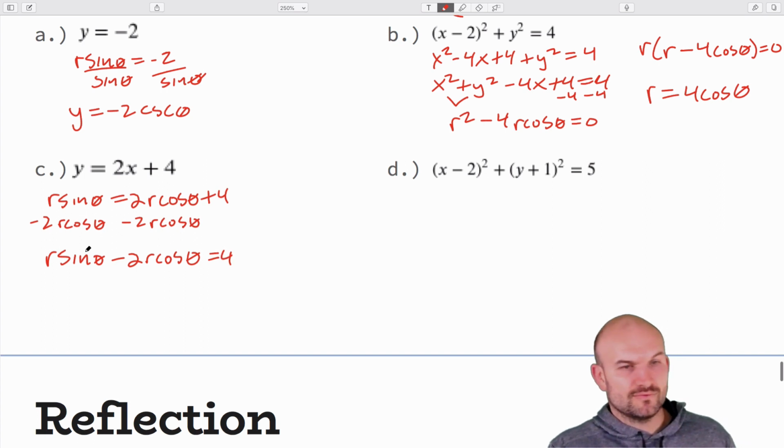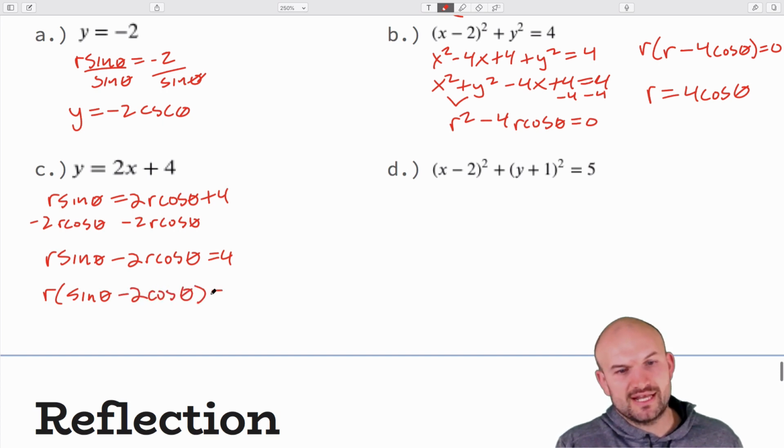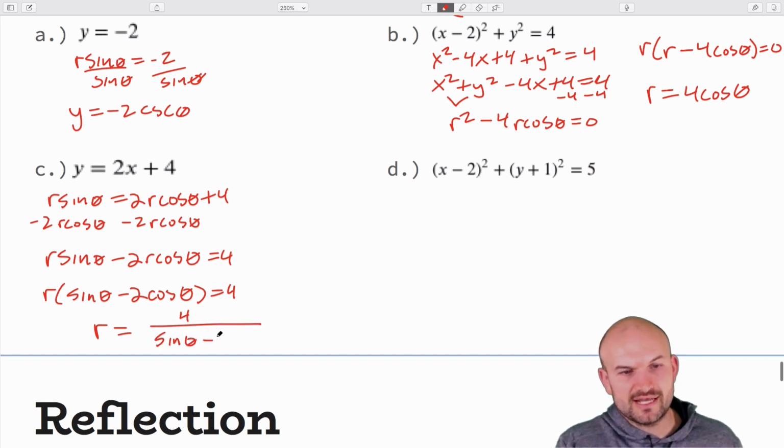Again, we can't combine them, but I can factor out an r in this case. That would give me r times sine of theta minus 2 cosine of theta equals 4. So r is going to equal 4 all over sine of theta minus 2 cosine of theta.